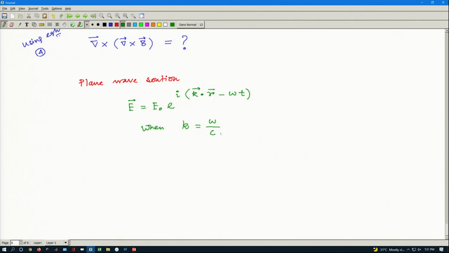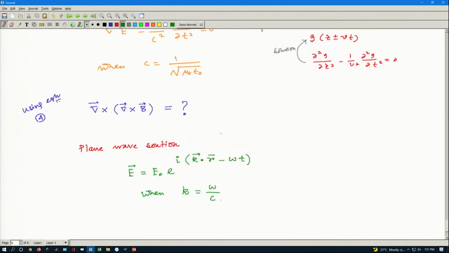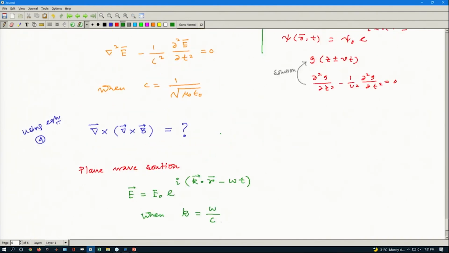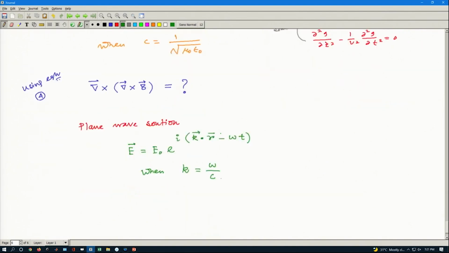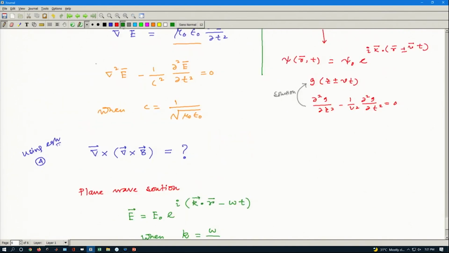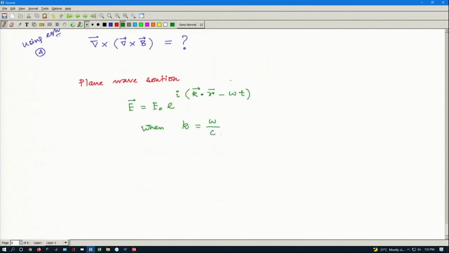So, under this condition, if you plug this expression E into this equation here, you are going to see that this is basically the solution. So, we can check it quickly. What is grad square E? Because I need to first calculate this quantity.